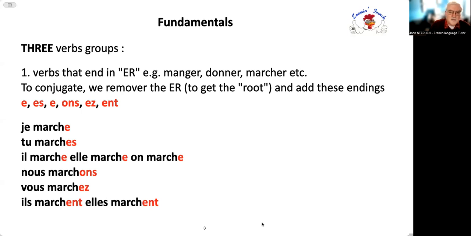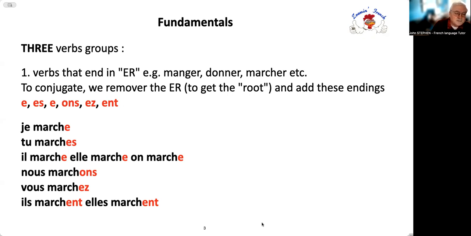Now, of course, we have to know what they actually mean. So je means I, tu means you, meaning you singular or you in the very informal sense. Il meaning he, elle means she, on means we or one does something. Often in French, we'll use on instead of we, because it means the same thing in French.